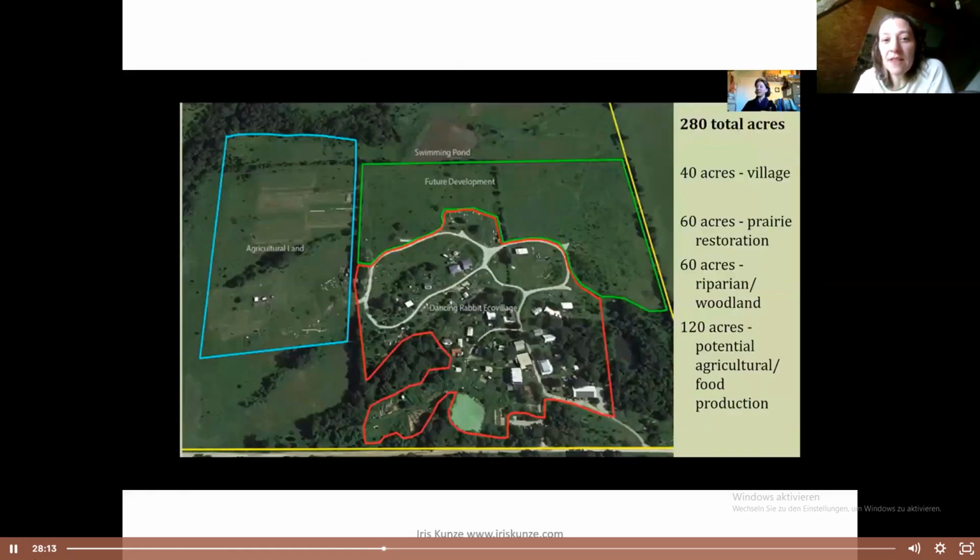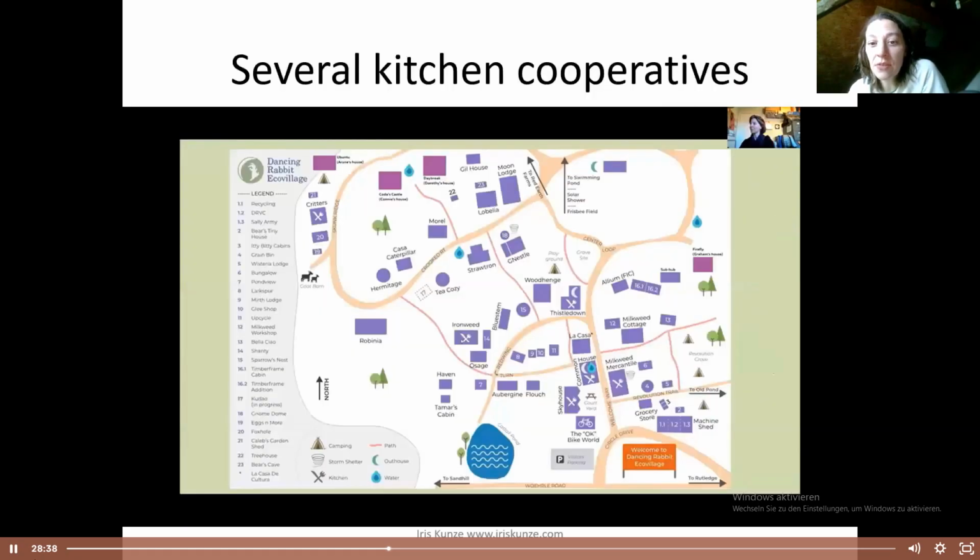So they have this area here that consists of the houses, the community houses, and they have also several houses where they have, for instance, community food, coming together and serving food. And then they have this pond and the agricultural land. So it's quite a large community.